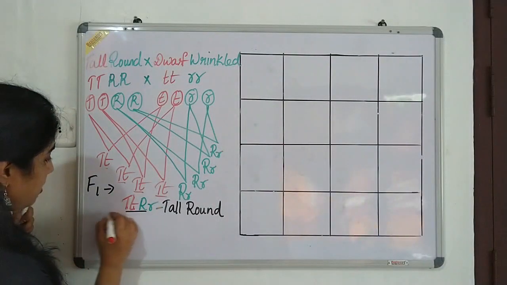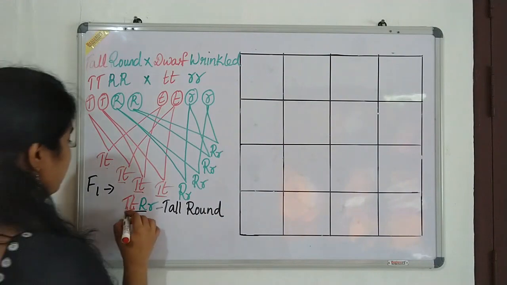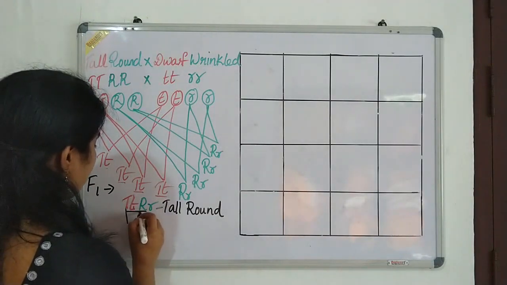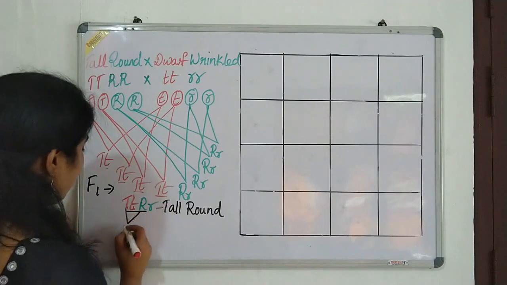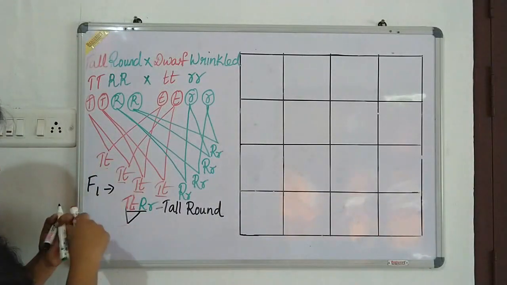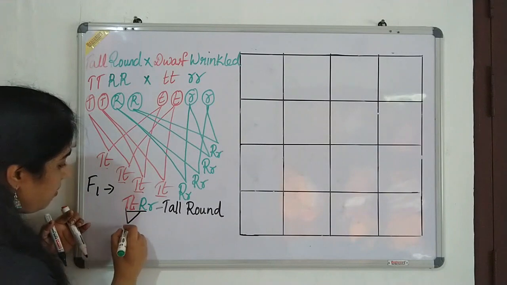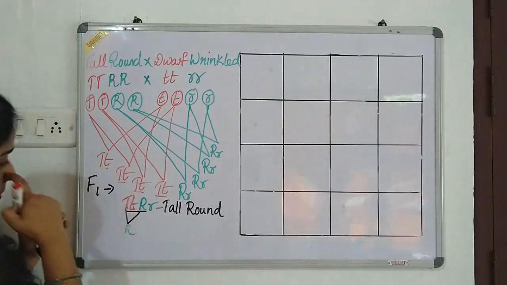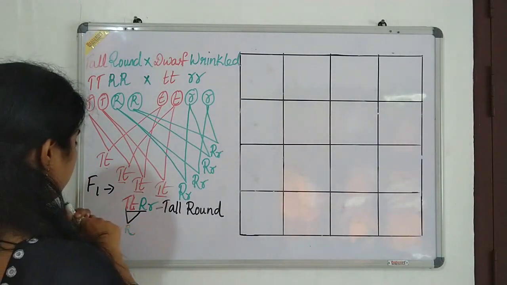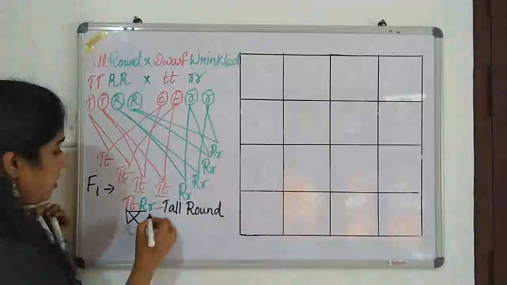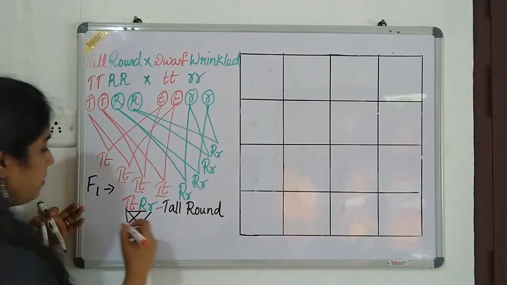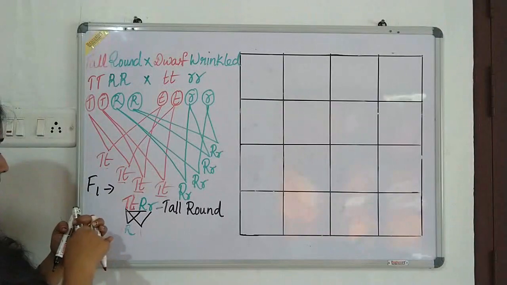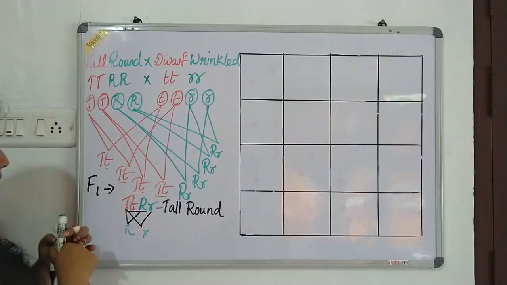See, this T we can cross with this R. That means one capital T and here one capital R. One hybrid is like this, one capital T and one capital R. Okay, next one, this T crossing with this small r, capital T, small r.